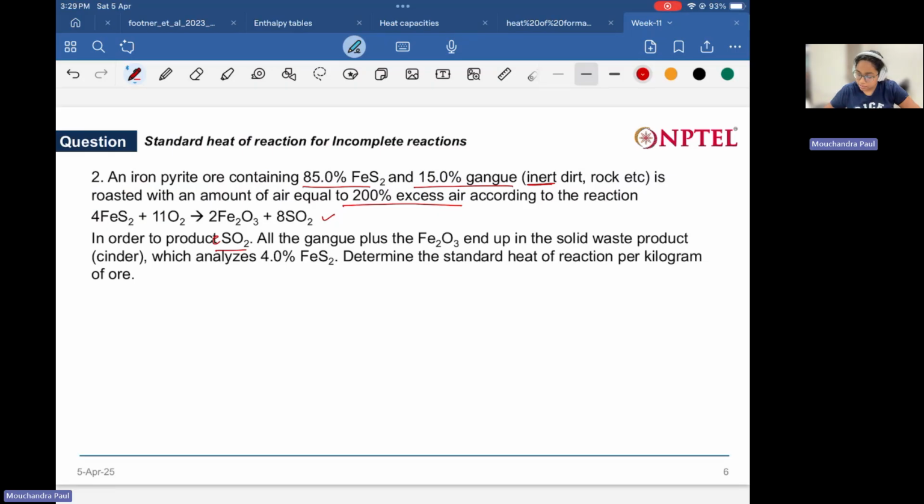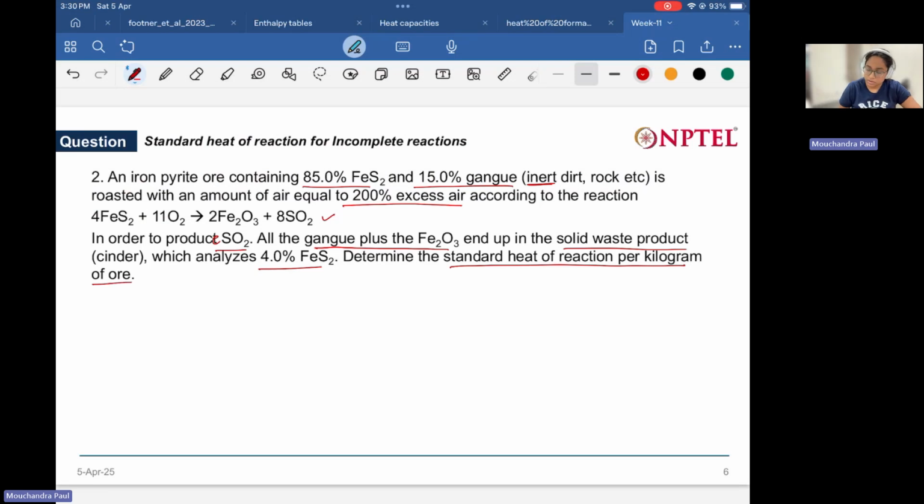All the Gangue plus Fe2O3 end up as solid waste, and it also contains some unburnt FeS2 that is around 4%. So you determine the standard heat of reaction per kg of ore.